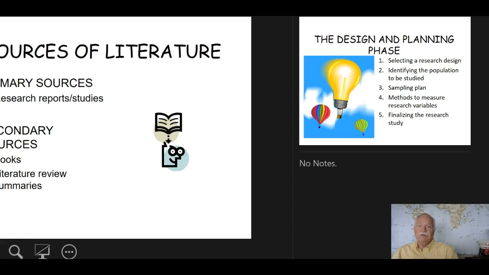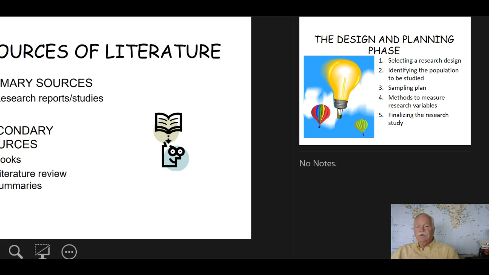Now, the sources of literature, which we've discussed, are primary sources, which is the gold standard, if you will, which are other research studies and reports published in peer-reviewed journals.